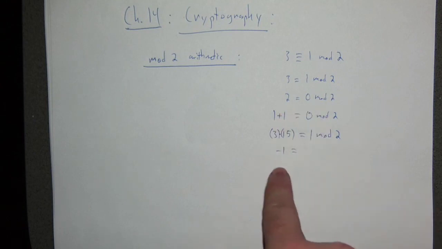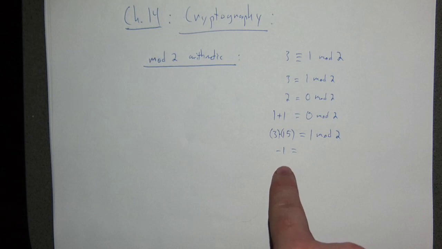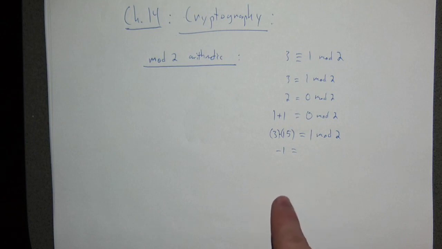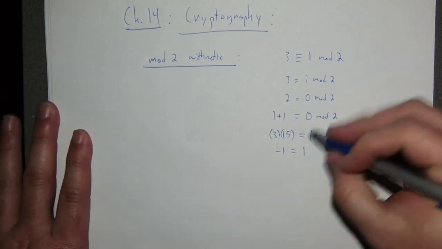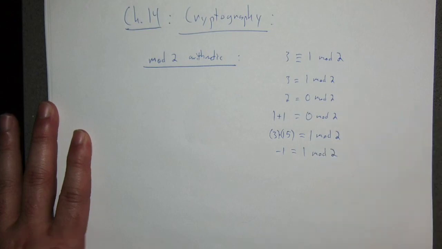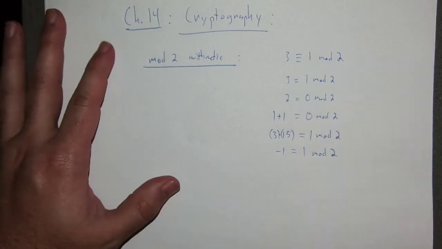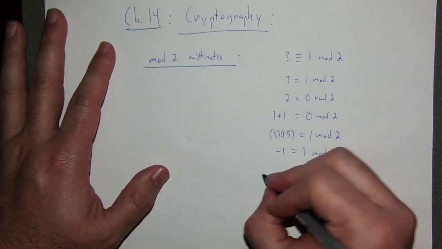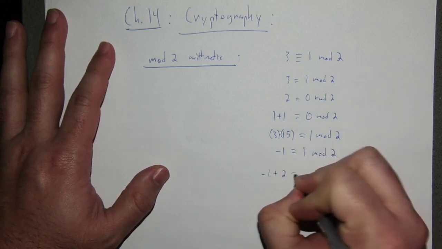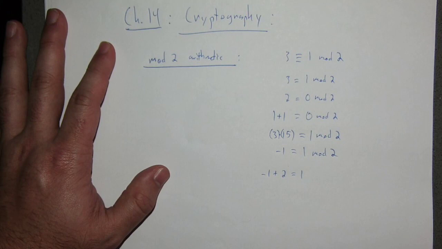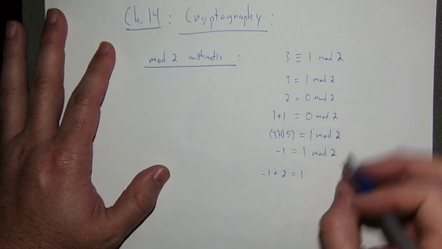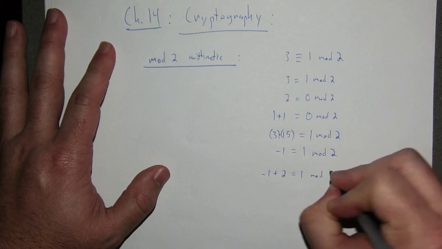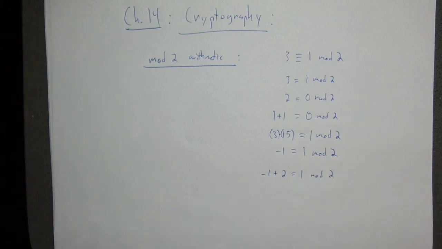So if you add 2 to minus 1, you get minus 1 plus 2, which is 1. But 2 is equal to 0 mod 2, so minus 1 is equal to 1 mod 2. That's the idea.